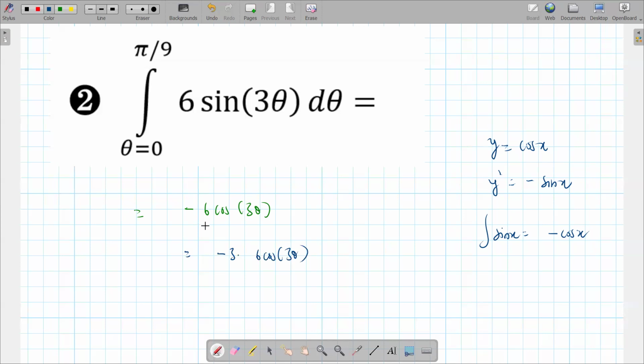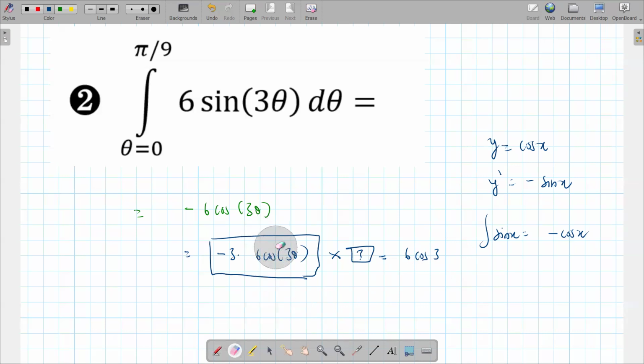So you have this. You need to multiply that with something so that the final product is just this: 6 cosine 3 theta.